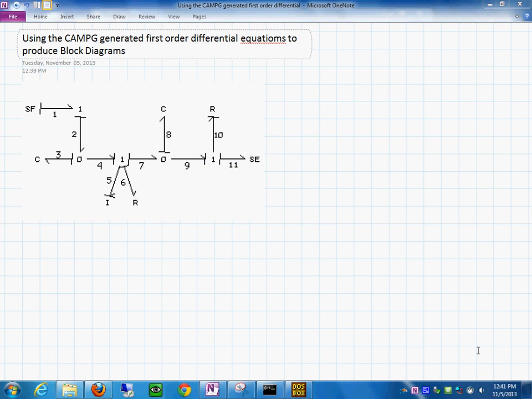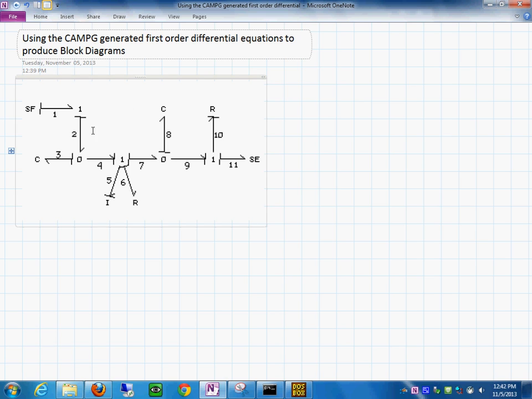We are going to see now how using the CAMPG generated first order differential equations we used to produce a block diagram. So I corrected that.